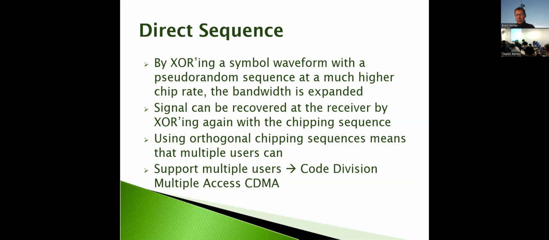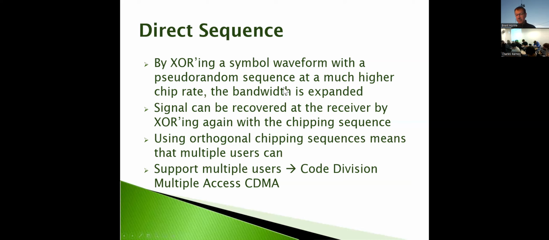All right, so now we're going to look at direct sequence, and we have time to finish here. Direct sequence is another very common system, maybe in some ways even more common than frequency hopping. But now we're going to exclusive OR a symbol waveform with a pseudo-random sequence.